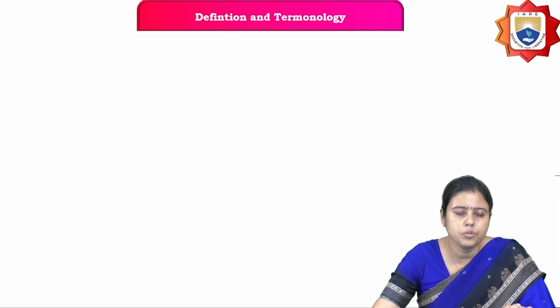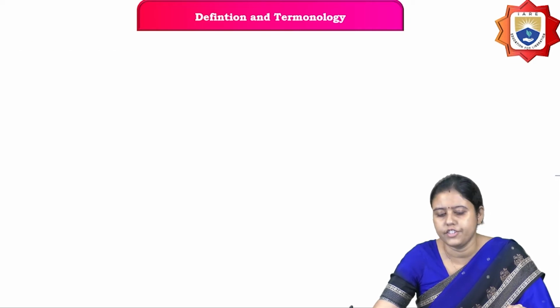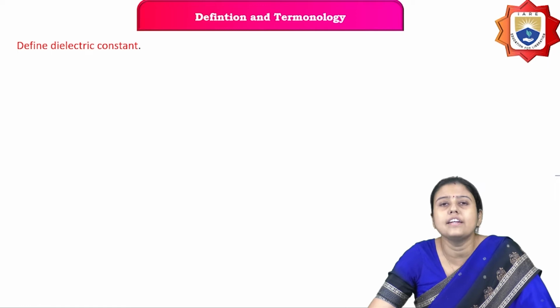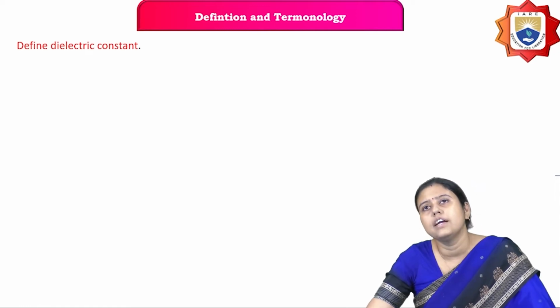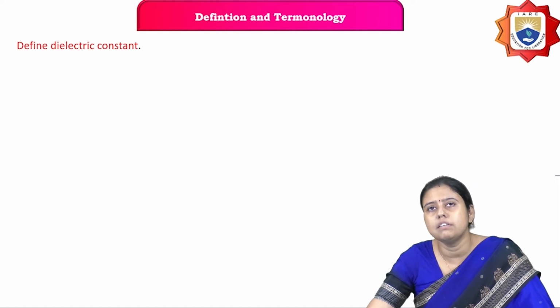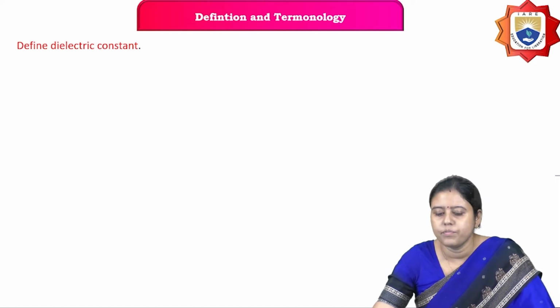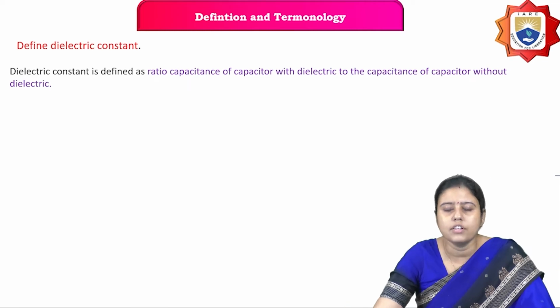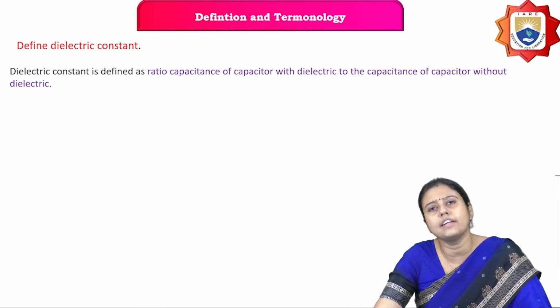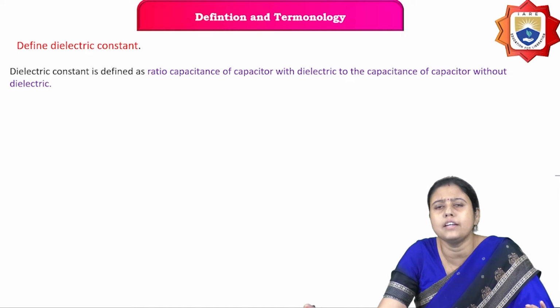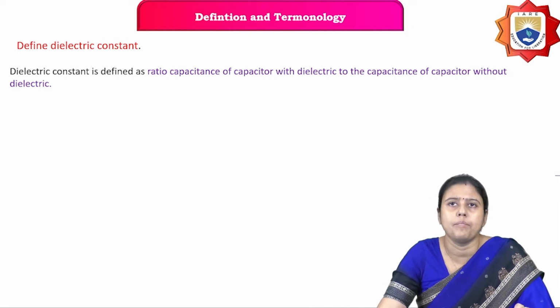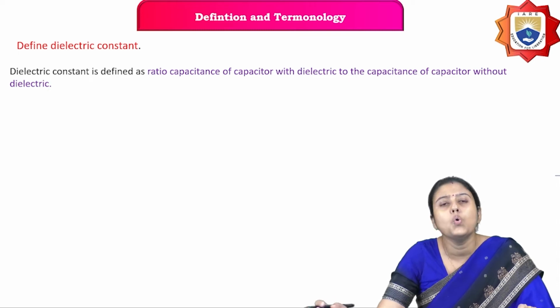Now we will move to our next definition. Define the dielectric constant. This is a very important definition. What is the dielectric constant? We can define the dielectric constant in different manners. Dielectric constant is the ratio of the capacitance of the capacitor with dielectric to the capacitance without dielectric.